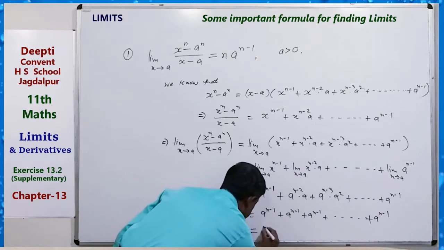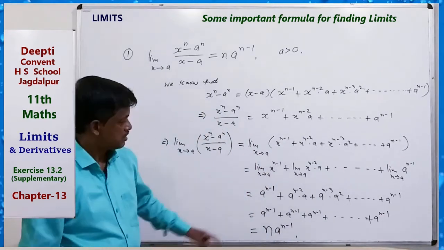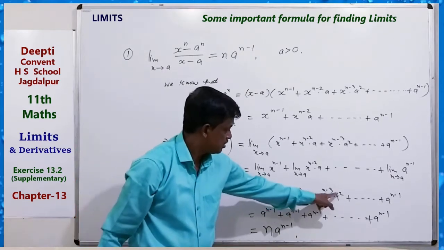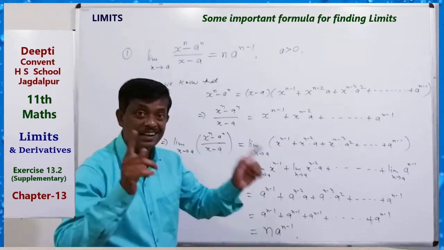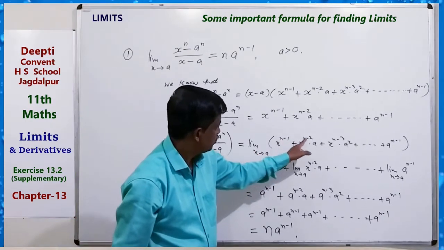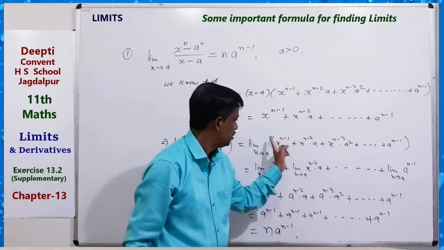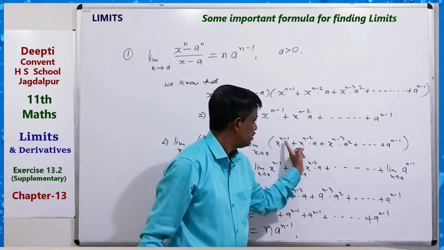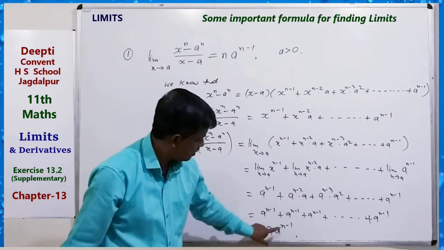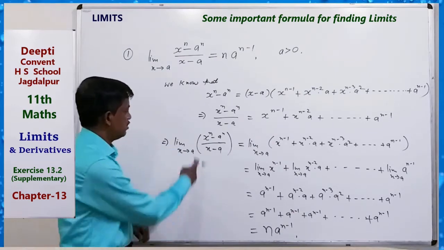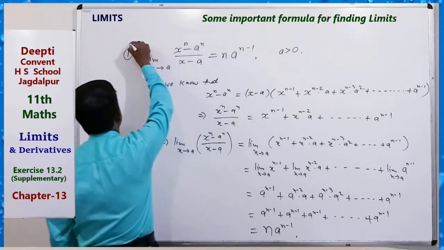How many times? n times, because the powers adjust to n minus 1 each time. So there are n terms, giving n a to the power n minus 1. So the limit of this is equal to n a to the power n minus 1. So this is the first limit.